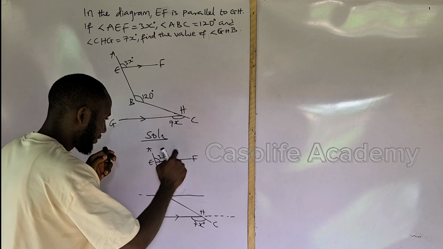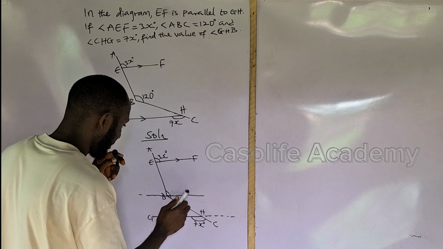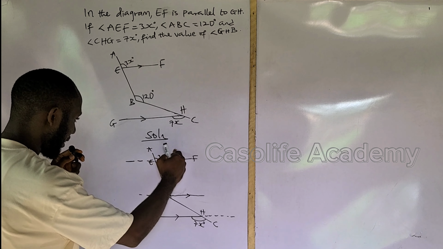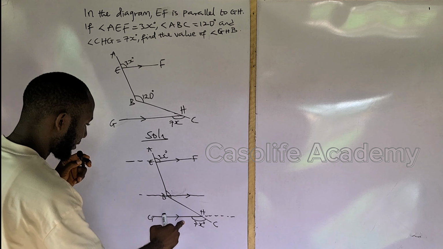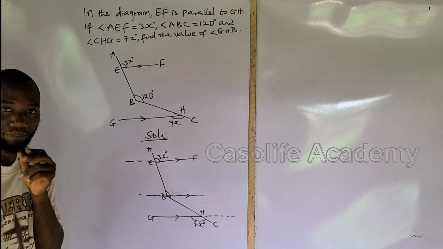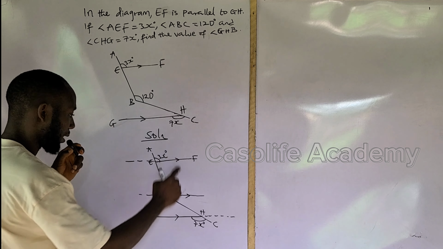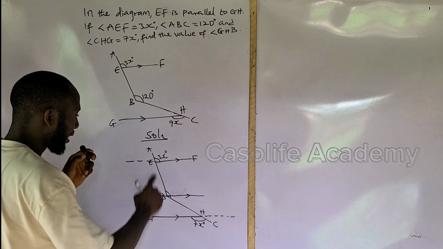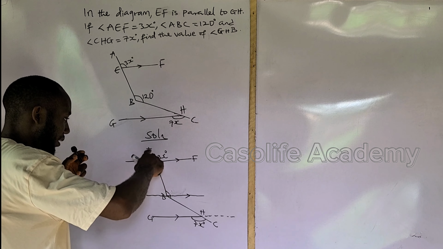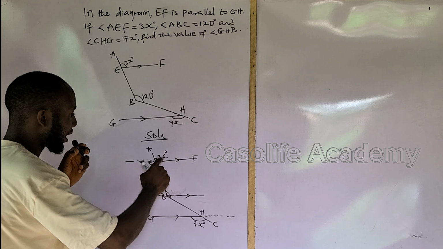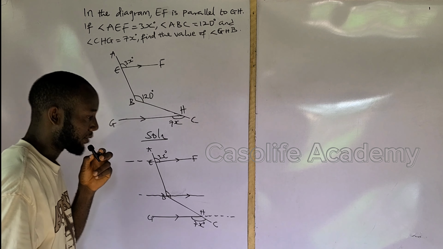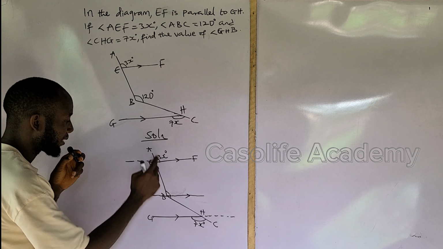So we can see that we have this line and this line, they are all parallel. So this one and this one are parallel to each other, being that they are on the same transversal line. So we now have that here and here will be equal. Why? They are corresponding angles.